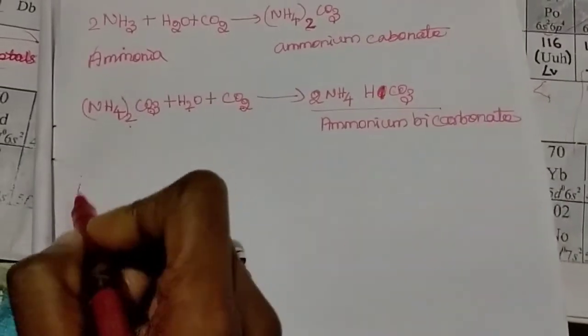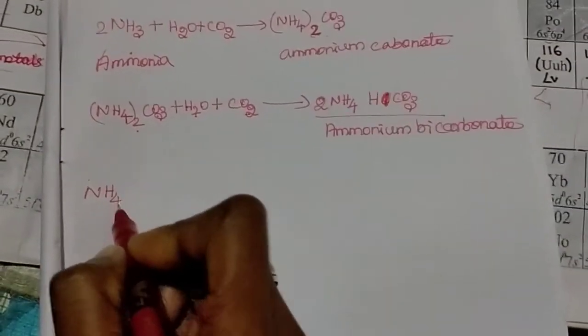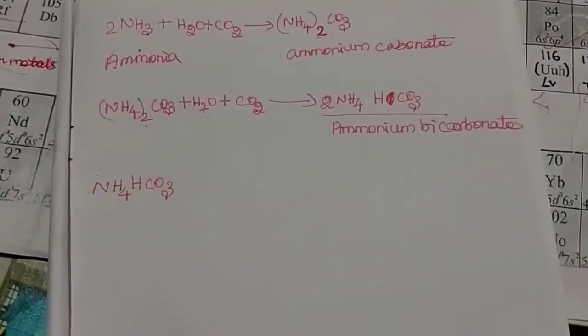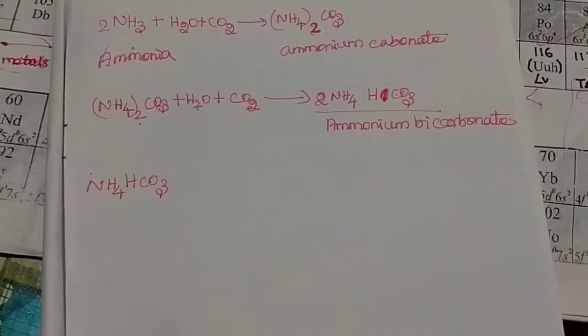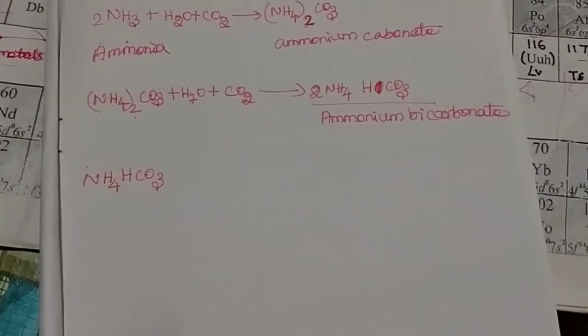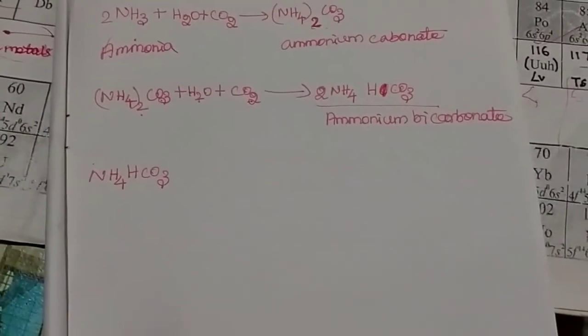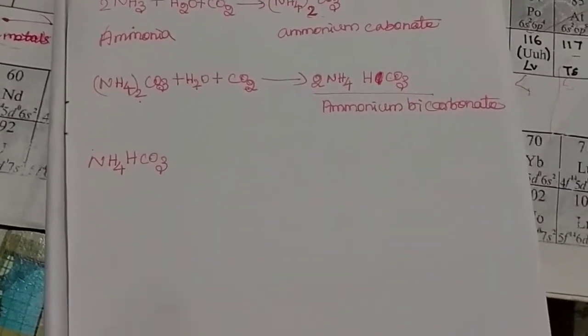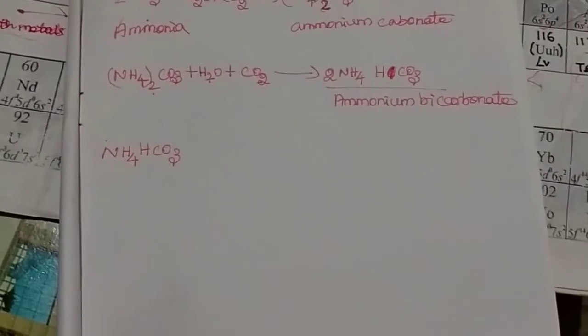Then again we treat this ammonium bicarbonate with the sodium chloride solution. Excess sodium chloride is passed through this ammonium bicarbonate solution to make it a saturated solution.